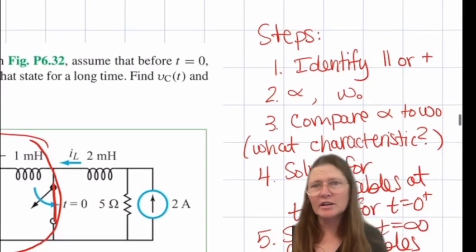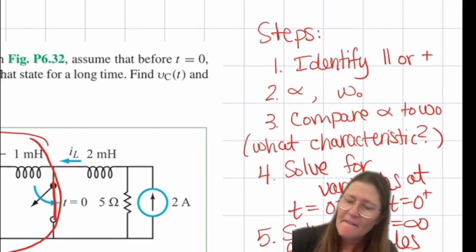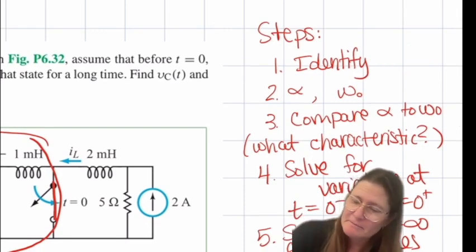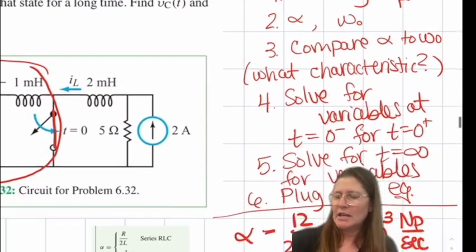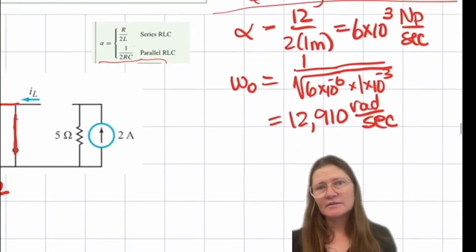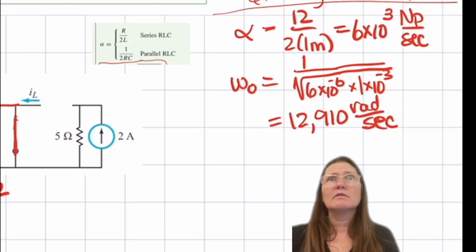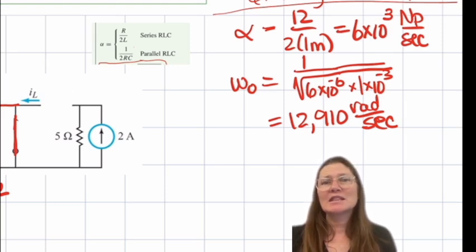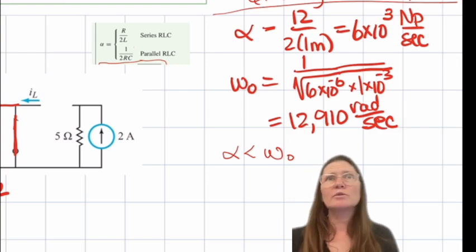So we identified it, in this case it was series. So series or parallel. And then we found alpha and omega naught. And then in this case, what do we have? Alpha is less than omega naught, right?